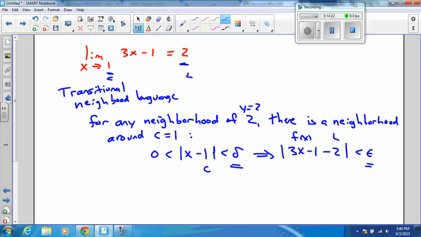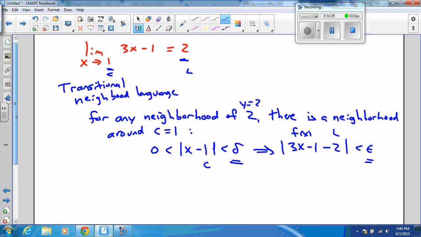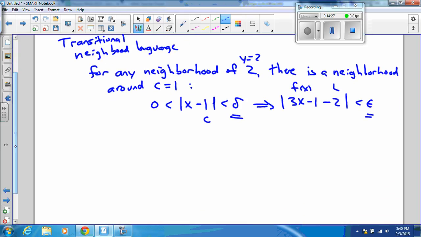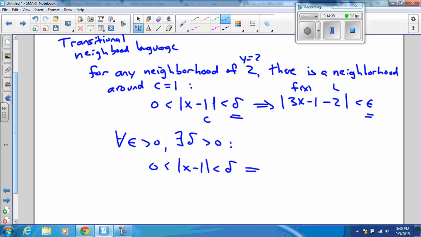So once you've translated it like that, which I usually do in my head, then we can translate that using the quantifiers. For any epsilon greater than 0, there is a delta greater than 0 such that when x is in the neighborhood of 1, then f of x is in the neighborhood of 2.